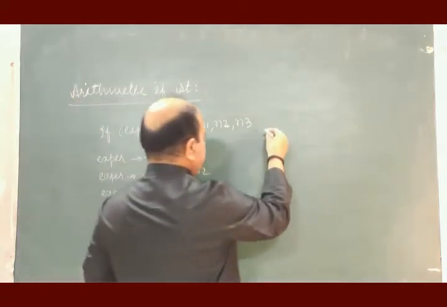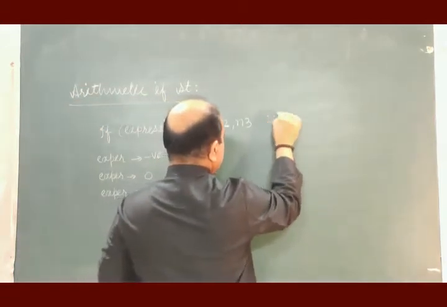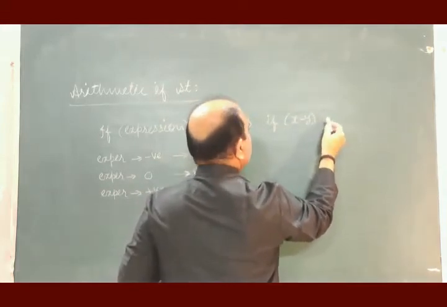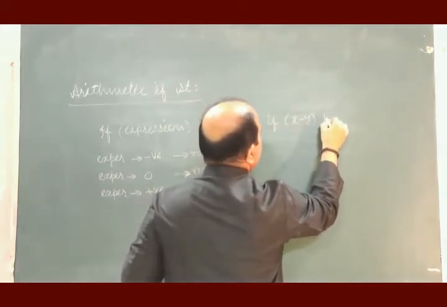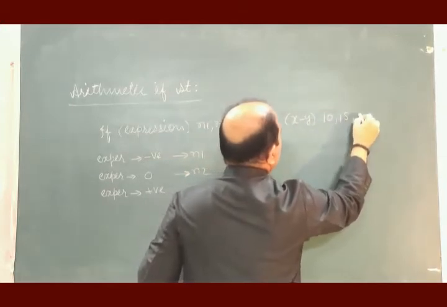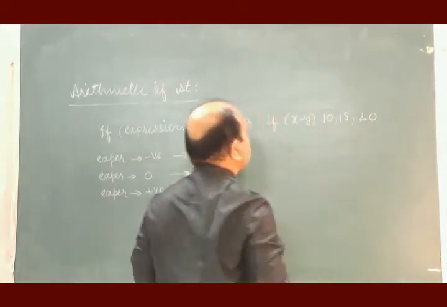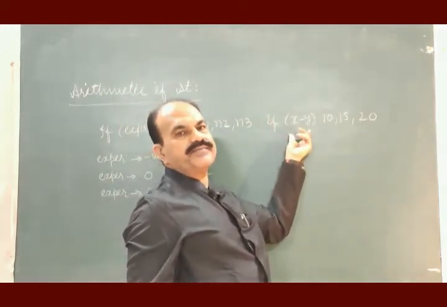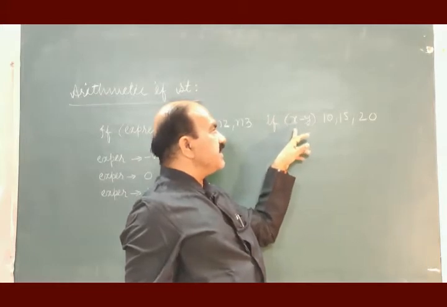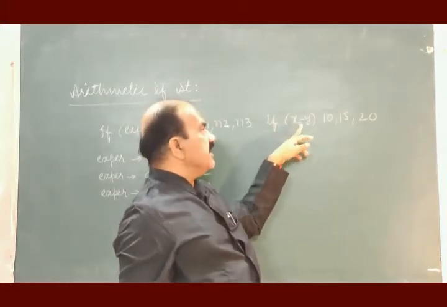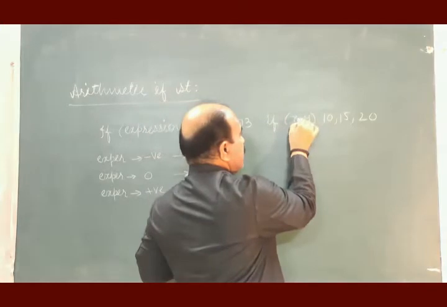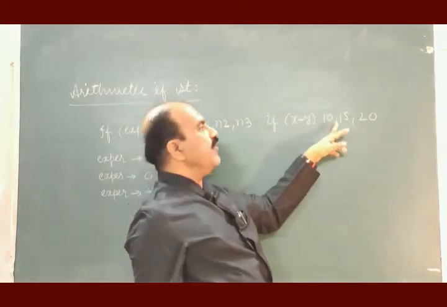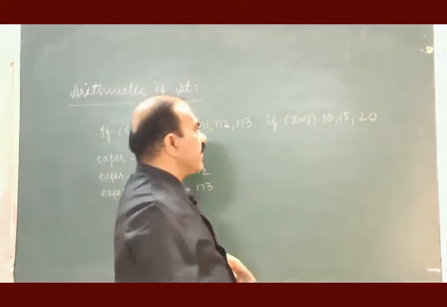For example, if x minus y, meaning that depending on the value of this arithmetic expression x minus y, the control will either go to statement 10 or 15 or 20.